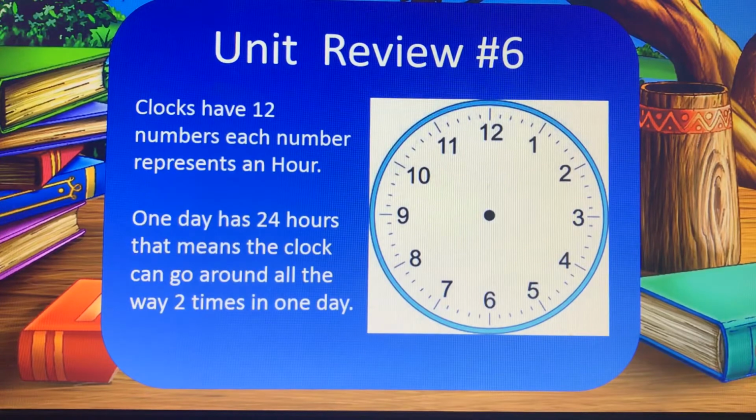In unit number 6, we have this object which is called a clock. A clock is used to measure time, and we will learn how to use clocks. Clocks have 12 numbers. Each number represents an hour. One day has 24 hours. That means the clock can go around all the way 2 times in one day.